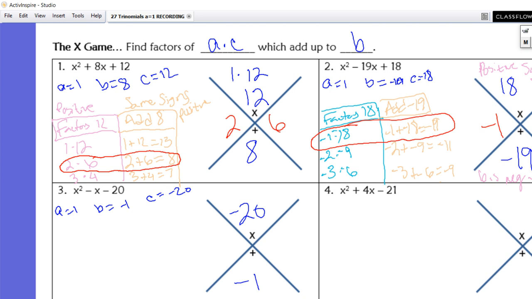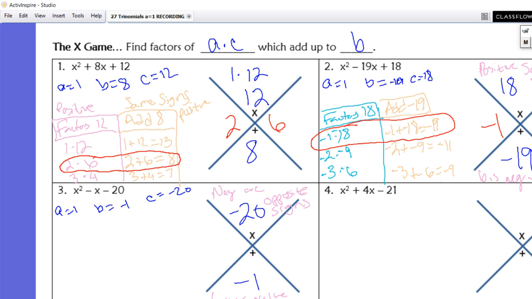So when AC is negative, that means I've got opposite signs. B is negative, so that means that the larger one is negative.